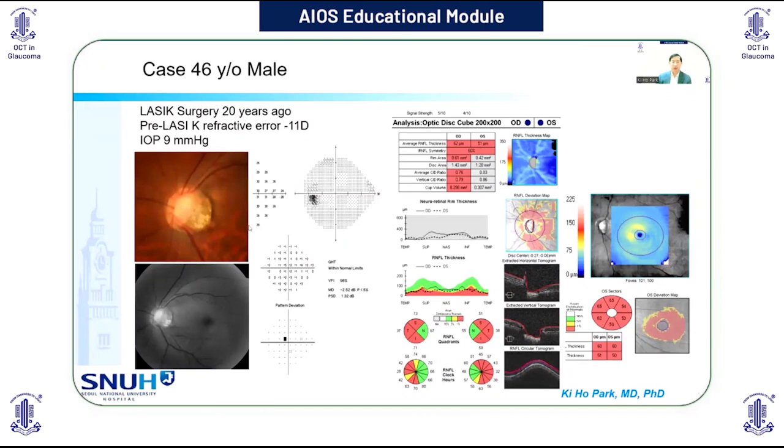So in those eyes, close-up investigation of the optic nerve head, and also looking at the retinal nerve fiber layer photograph may be more helpful than OCT.